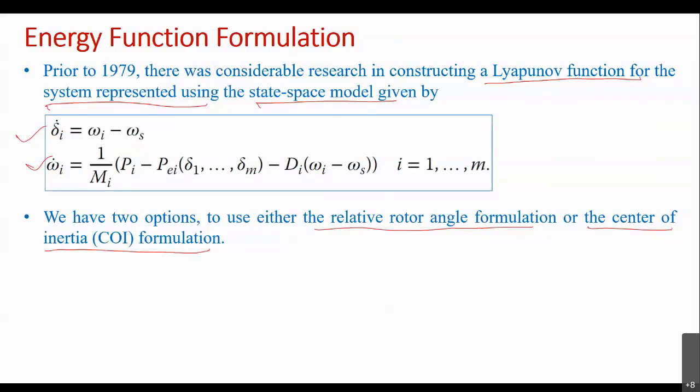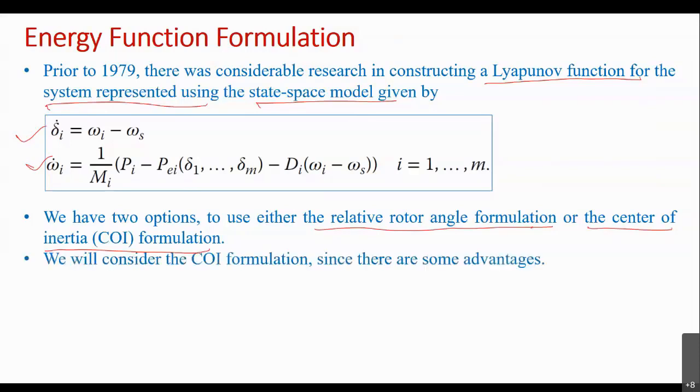So what is the relative rotor angle formulation? The relative rotor angle formulation means each machine will have a relative angle with the others. But the center of inertia formulation means we have to find the center of inertia, and with respect to that we have to find the relative rotor angles.